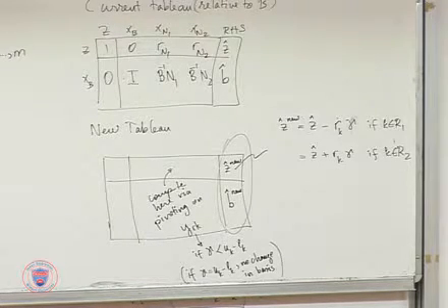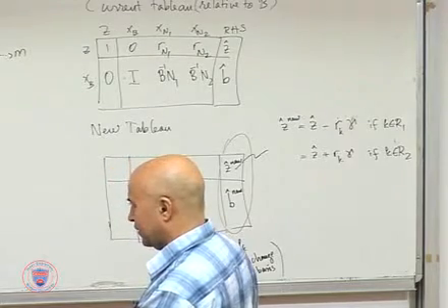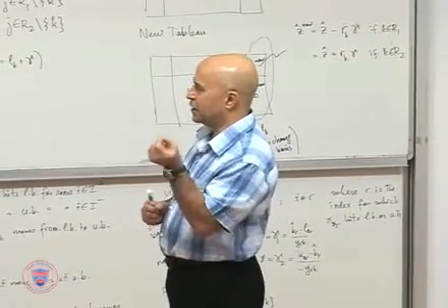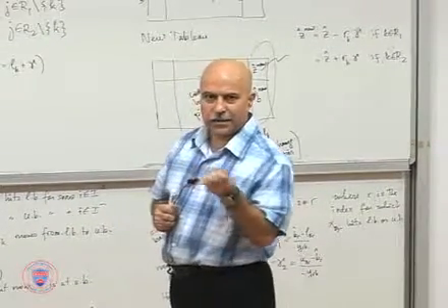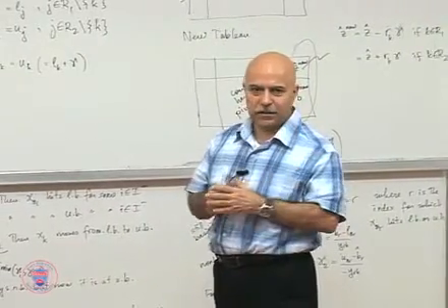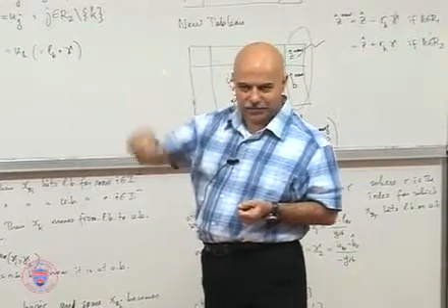This was the situation when some variable, we decided to increase it, right? xk was a variable that is at the lower bound, is now being increased. Now there's another case when it's at the upper bound and it's being decreased.